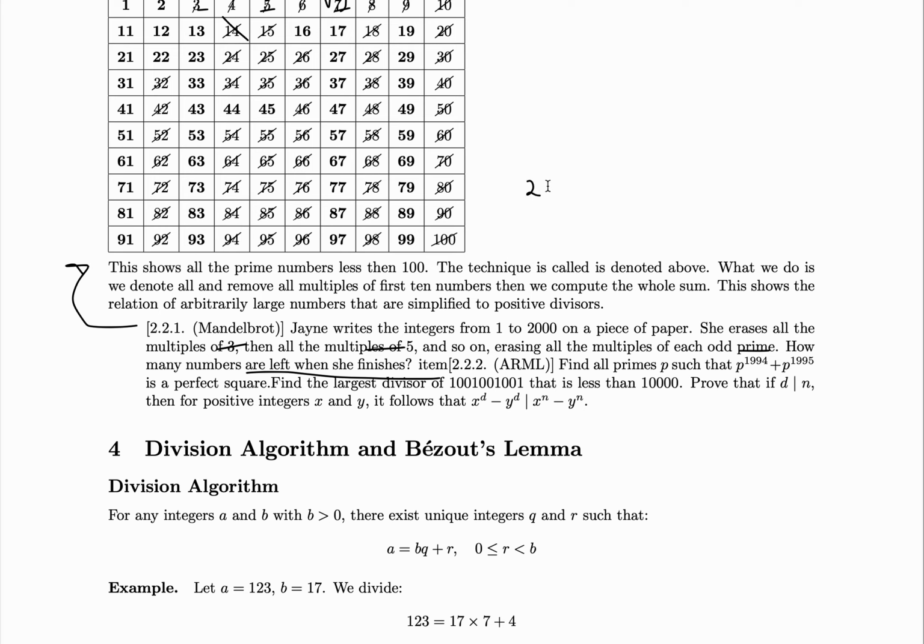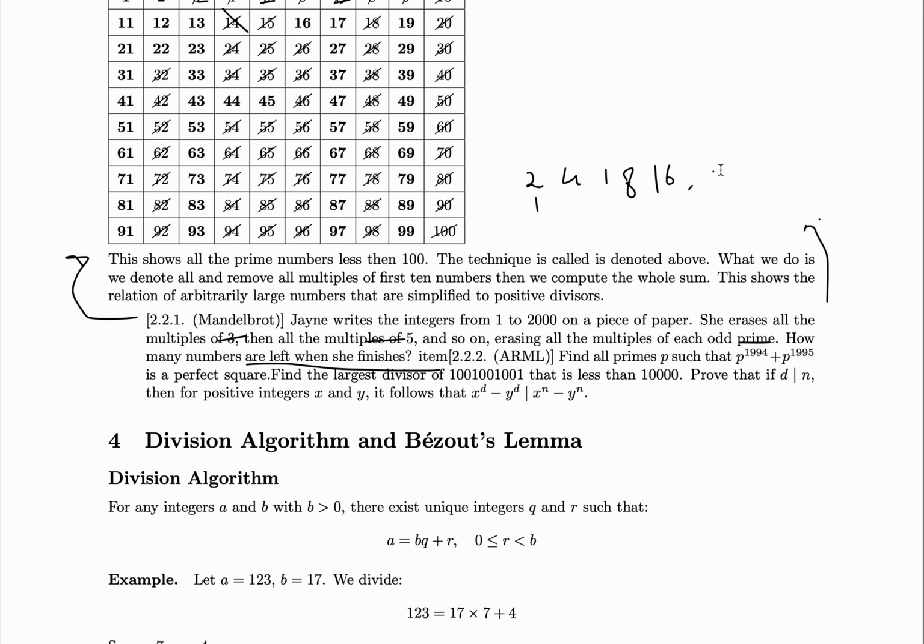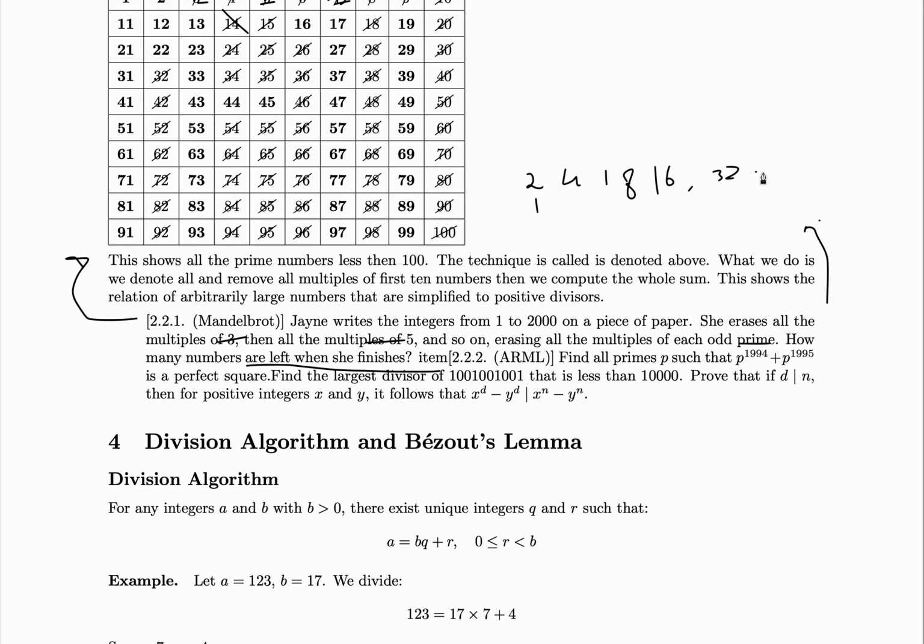So 2, 4, 8, 16, and 1 is going to be also left here, so 1, 2, 4, 8, 16, 32, till 1024, which is 2 to the 10. So there are 11 numbers. So the answer for this is just 11.